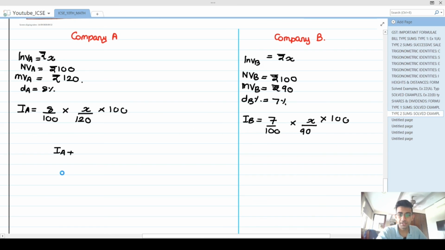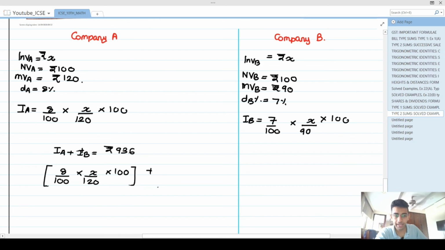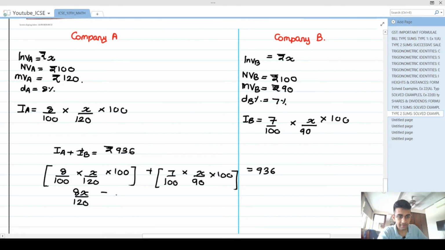Very simple, just substitute the values. So this is my IA plus my IB is equal to 936. You'll get 8x upon 120 plus 7x upon 90 is equal to 936.